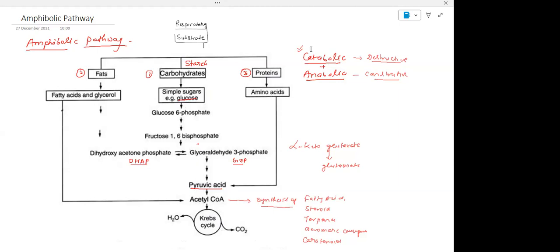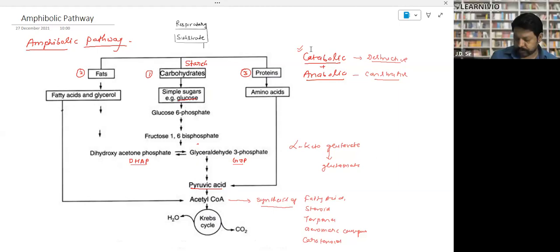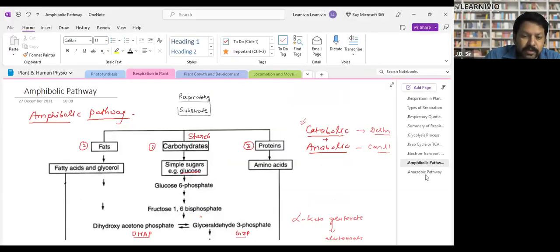Yes, sir. Okay. So now the last thing which is left is RQ, respiratory quotient. By the way, it's a very simple concept. If you get a question from this, either you will get to draw this diagram.